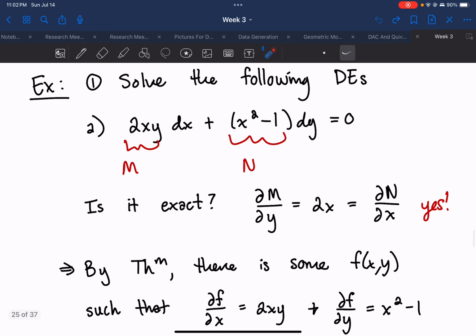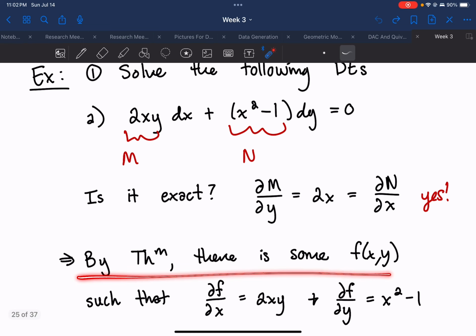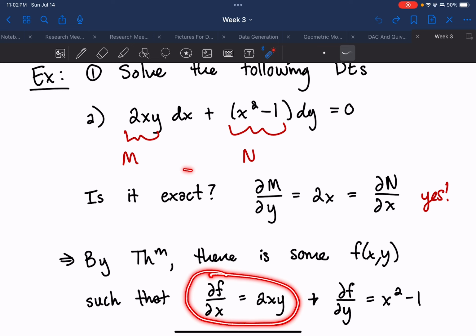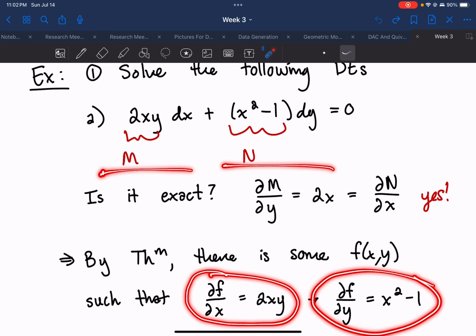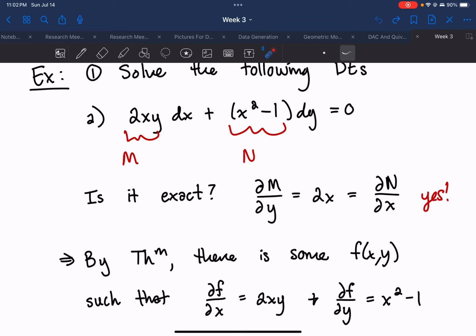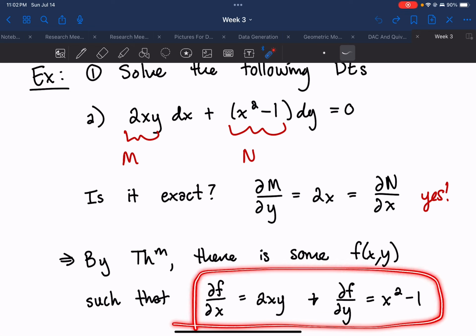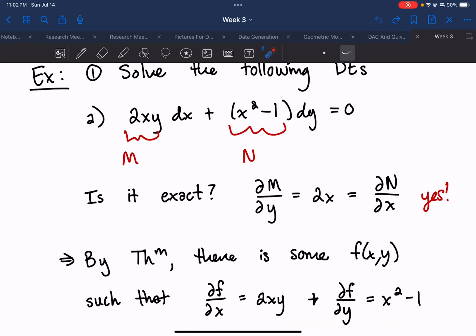Okay, so by the theorem then, there must be some function f such that the partial of f with respect to x is M, and the partial of f with respect to y is N. Because it's an exact equation, there must be some function satisfying both of these differential equations.